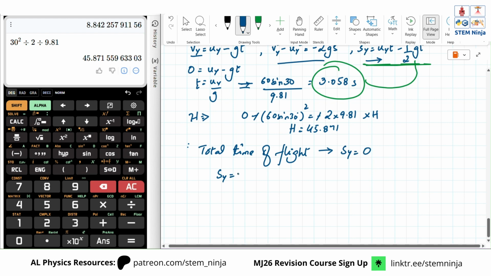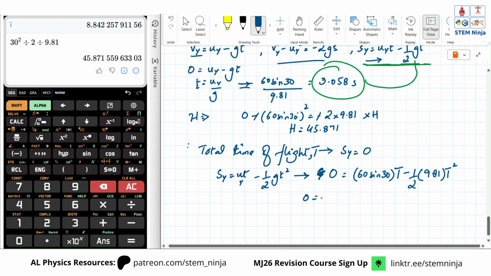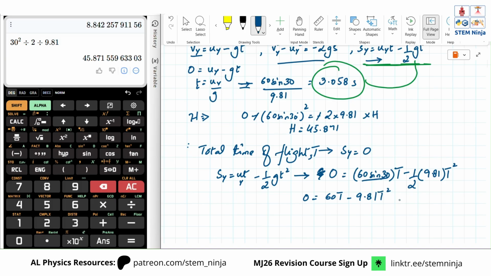So we will use Sy equals ut minus half gt squared, but replace out 0 equals 60 sine 30 times capital T just for total time of flight, minus half 9.81 T squared. So multiply 2 on both sides, you will get 0 equals, this is 30, so 30 times 2 would be 60, minus 9.81 T squared.